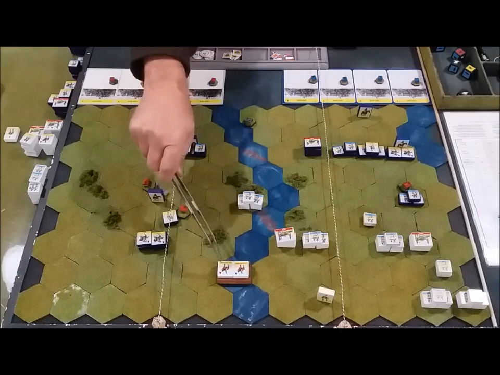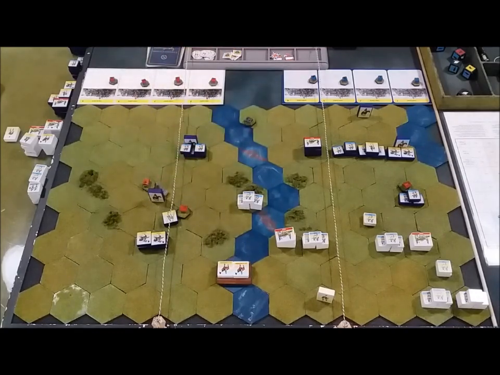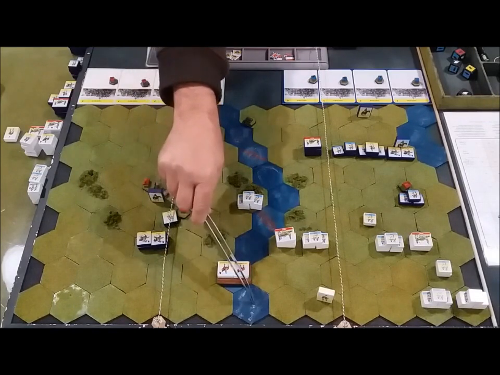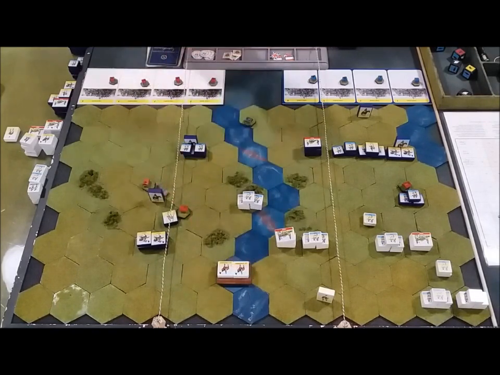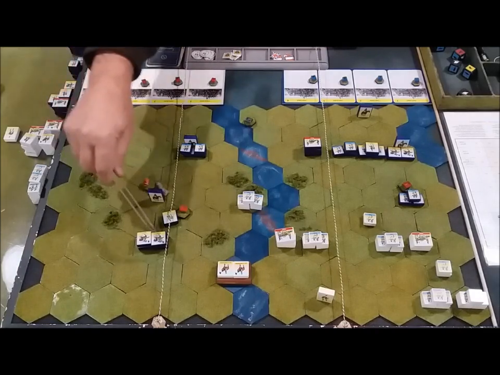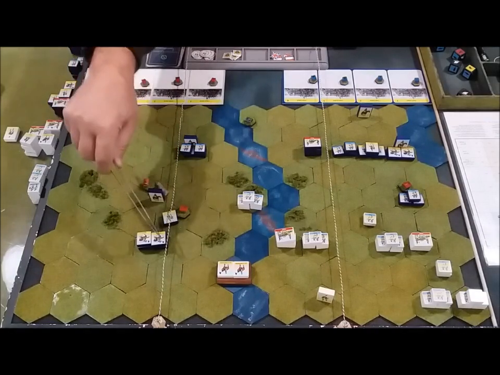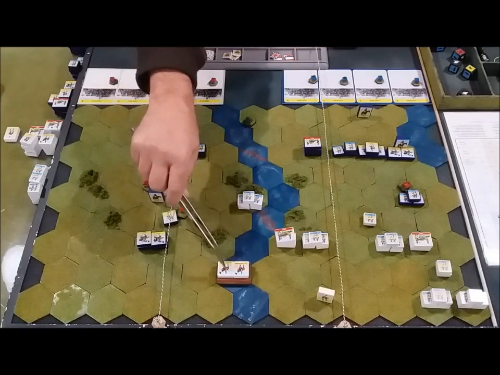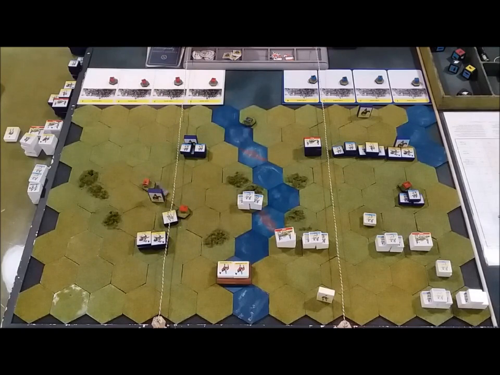So the cuirassiers can retreat because they can retreat to here or to here, because this is a fordable creek the whole way along. So we could push the heavies into here, or we push the heavies into here to go after the cuirassiers on the right flank, but I don't think that's going to achieve a great deal.